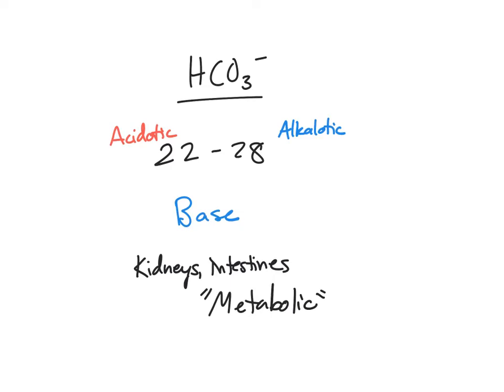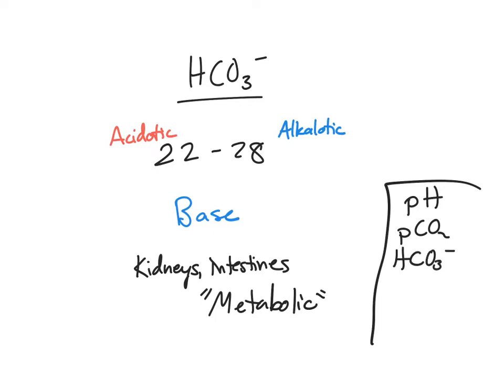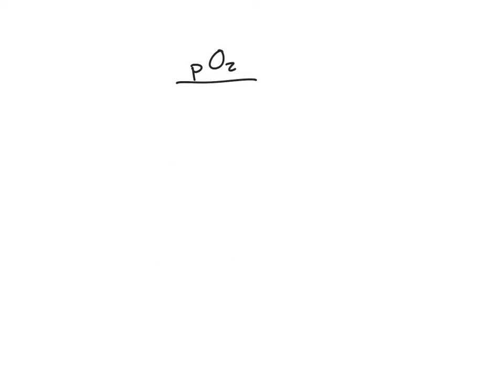These three values, the pH, the PCO2, and the bicarbonate, are the most important values we're going to look at in the blood gas. But there are still a few more that can give us some helpful clues. The PO2 is again that partial pressure of oxygen, this time dissolved in the blood. Don't get this confused with the pulse ox.